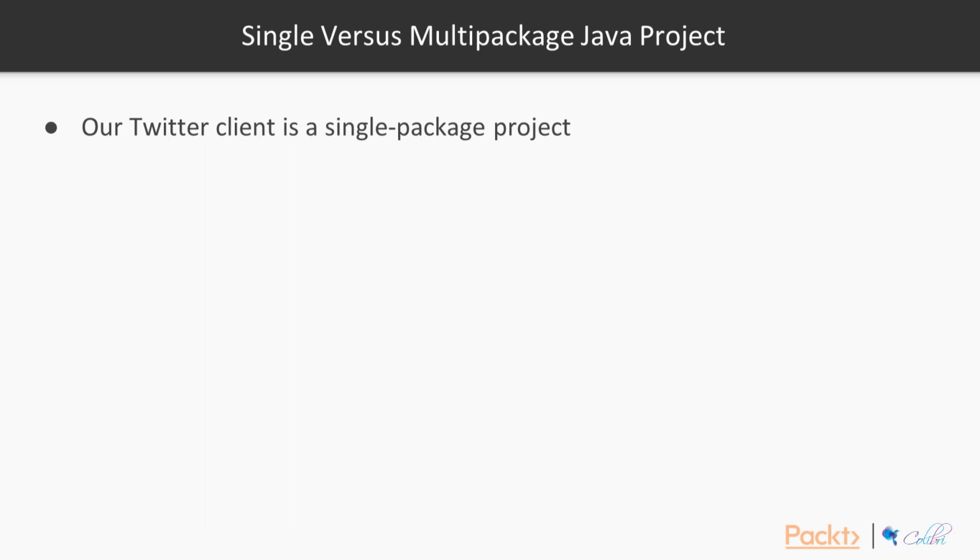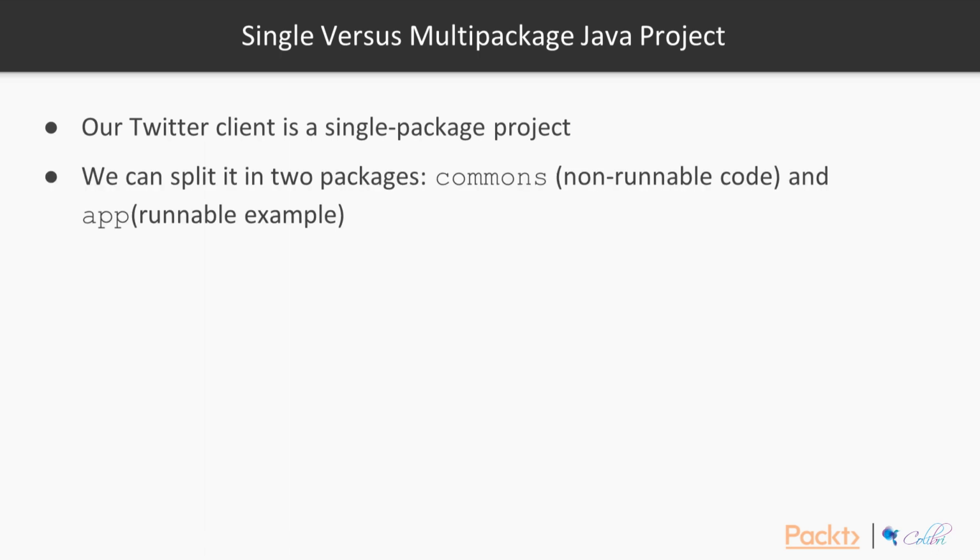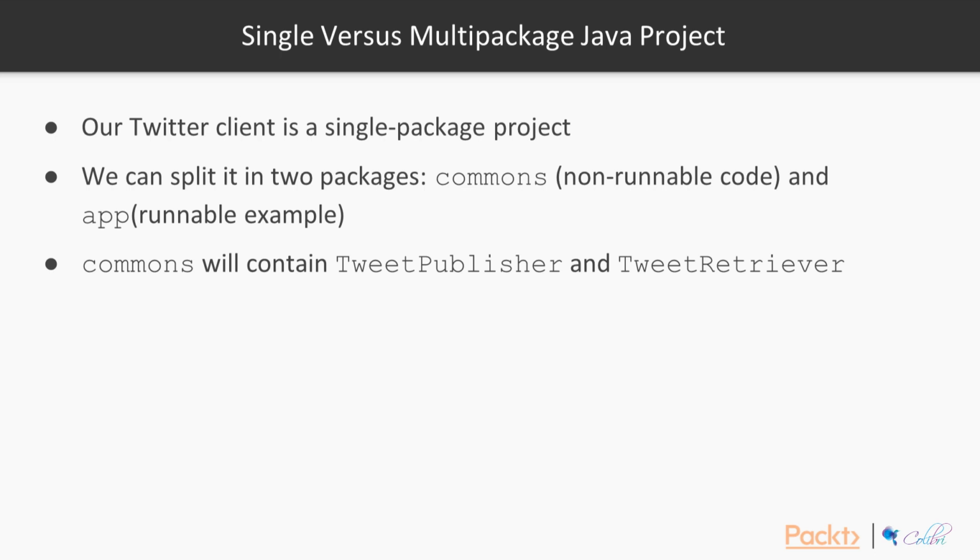So far, we have three classes, TwitterApp being the main runnable, together with TweetPublisher and TweetRetriever. One easy way to split these classes is having the last two of them placed in a commons package, since it's common reusable code, and having the TwitterApp class placed in a different package called app to indicate the fact that it represents the actual application entry point.